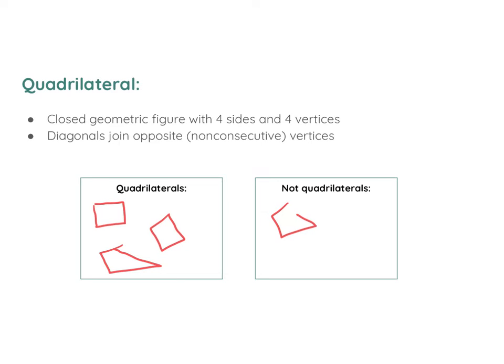When we look at diagonals here, we're saying they join opposite, which is non-consecutive vertices. So if I'm looking at this shape right here, it would be joining from here to here. Okay, so diagonals join opposite vertices, and we'll talk about that a little bit more.